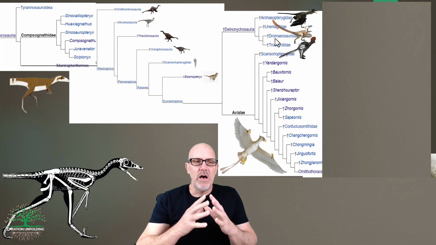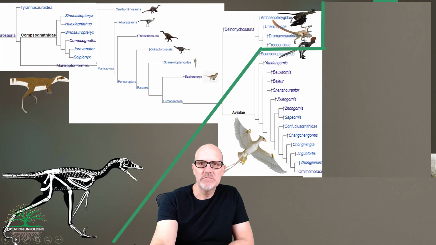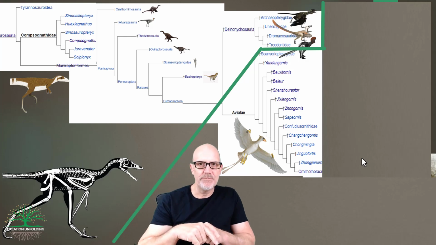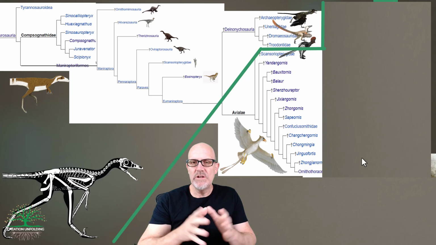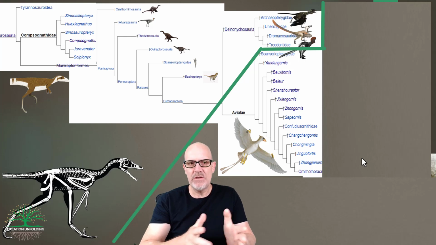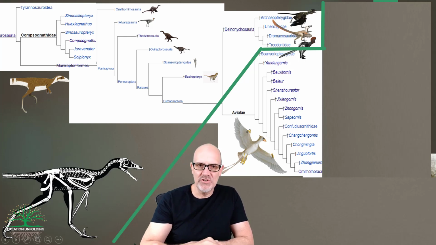Now, interestingly, there does seem to be a barrier between that group and everything else that we're going to look at to the right of the green line. So everything we've looked at so far, including the group Deinonychosauria, we would classify all of those as dinosaurs, and we've already seen why, because they all have a skeleton that looks like this, very dinosaurian.